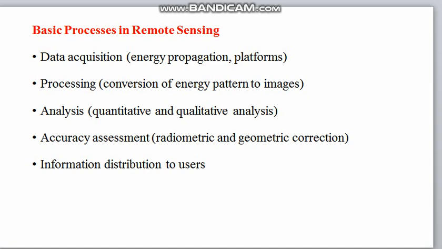In data acquisition, energy propagation and platform; in processing, conversion of energy to image; in analysis, quantitative and qualitative analysis; in accuracy assessment, radiometric and geometric correction; and another is information distribution to users. So this is the basic process in remote sensing.